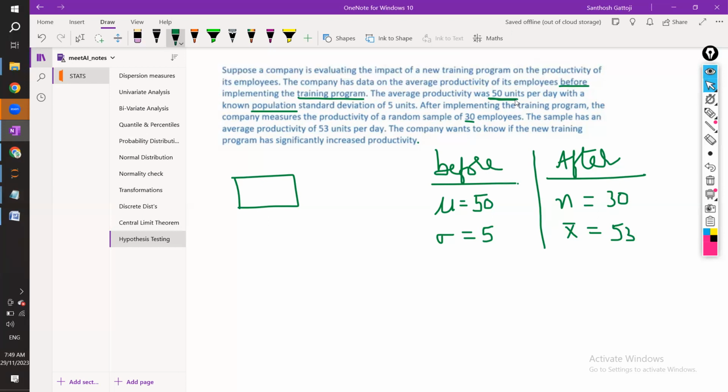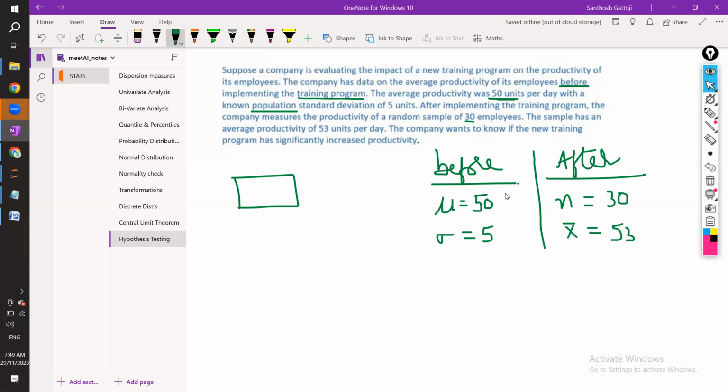But after the program, are they considering the whole population, or just a sample? Just a sample, right.